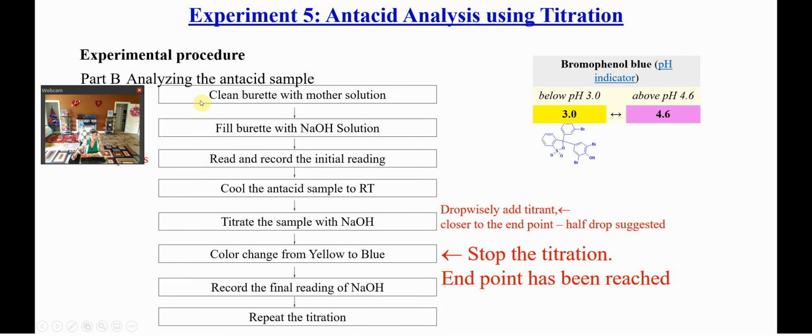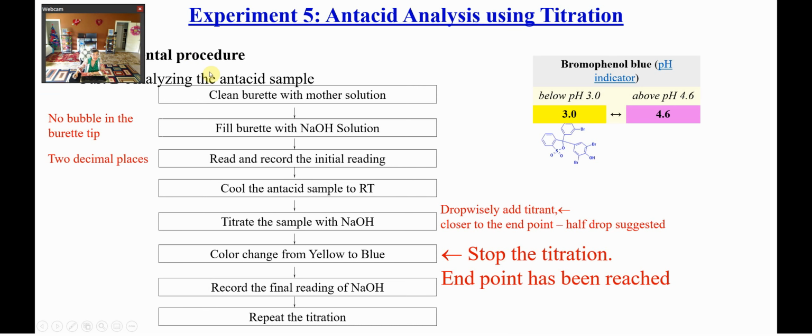The second part of your experiment is analyzing the antacid. Again, you are going to use a clean burette to add the titrant. Make sure you use the solution to rinse and clean the burette, and then fill in the sodium hydroxide.